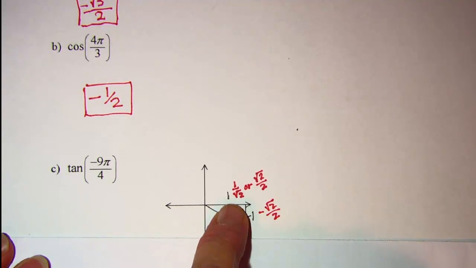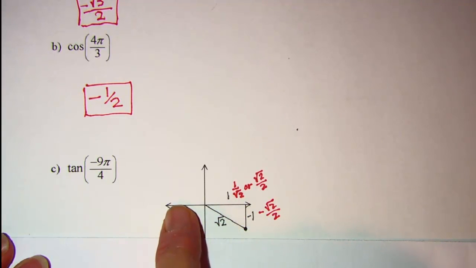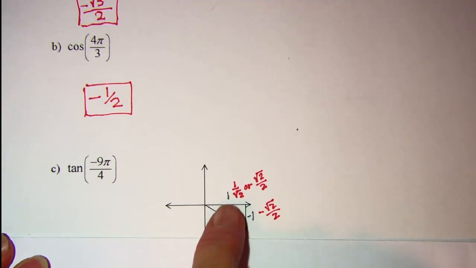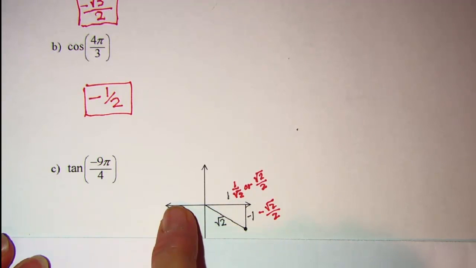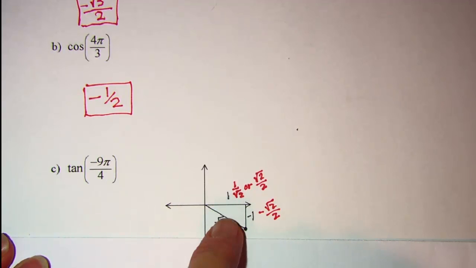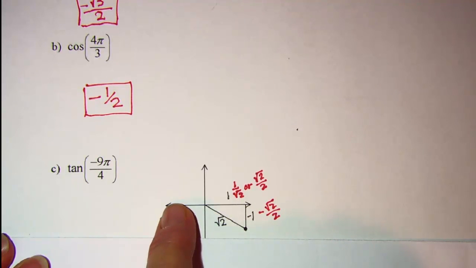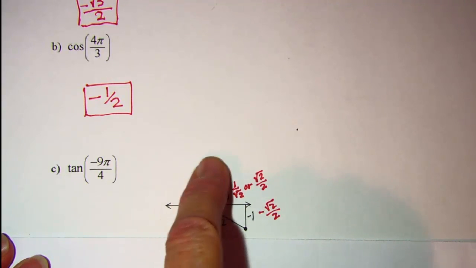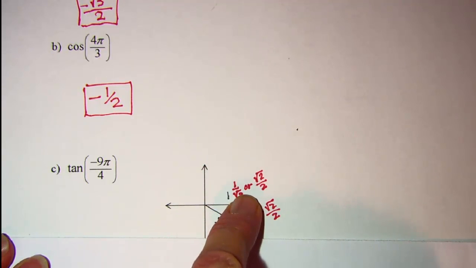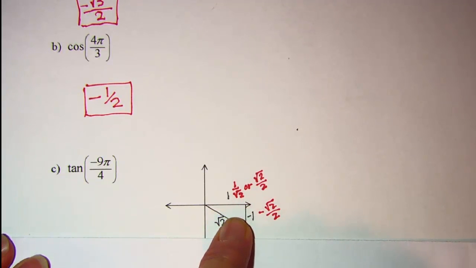Negative 4 pi over 4 will be this one semicircle. So there's negative 4 pi over 4, and then another one will give me a negative 8 pi over 4, and then another 1 pi over 4 will put me at negative 9 pi over 4.